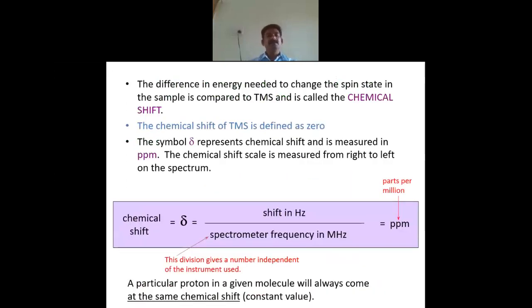Here, the difference in energy needed to change the spin state of the sample is compared to TMS, and this is called the chemical shift. TMS, tetramethylsilane, shows the zero value.